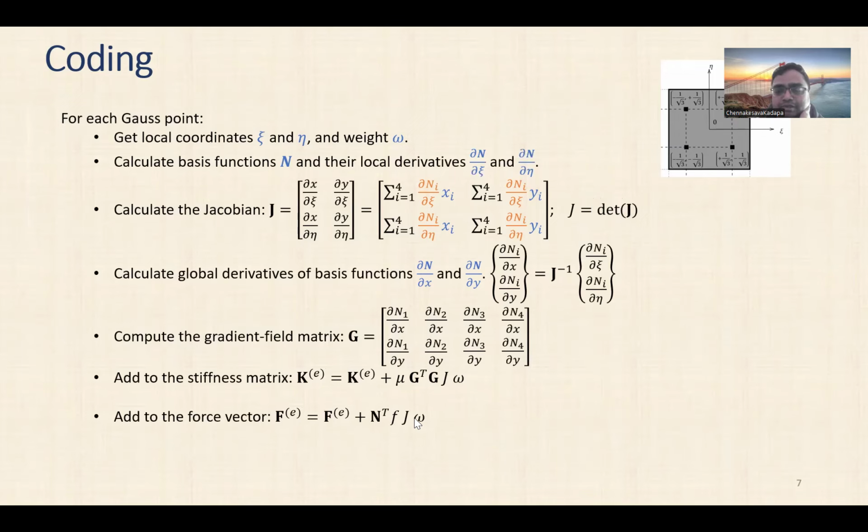Similarly for the force vector, we know N. This N transpose f is given to us, what is the source value, and J omega. So this is how we evaluate the element stiffness matrix and element force vector in a for loop over the Gauss points. In the next lesson I will show you an example, before we actually code for solving the problem.